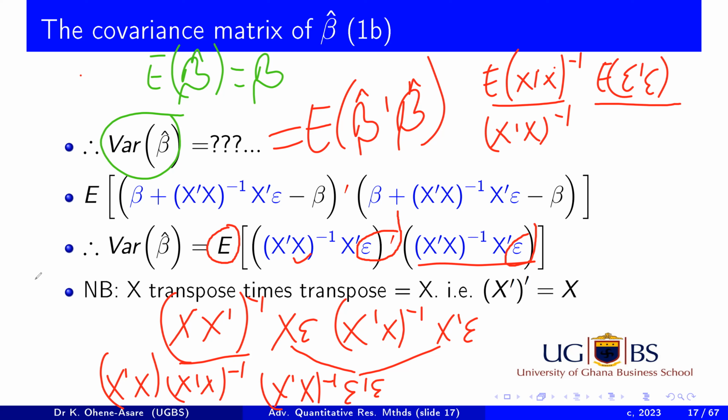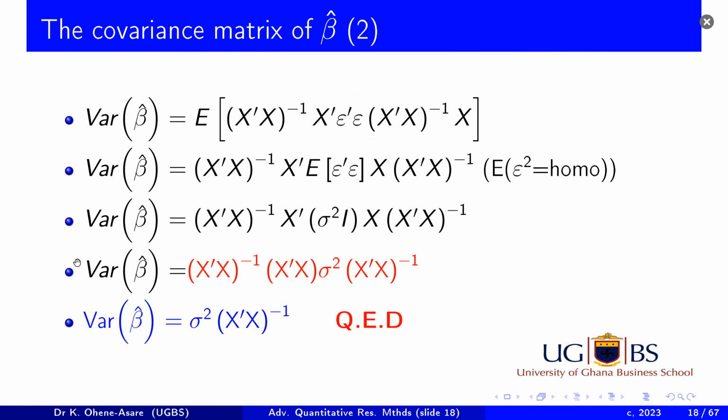Let me just jump all of this so that it doesn't become like Hebrew again. Everything is here. So eventually, when you take the expected value of epsilon prime epsilon, it is the homoscedasticity assumption, which is one of the assumptions of econometrics. And again, you're going to check the assumptions that we went through the last time.